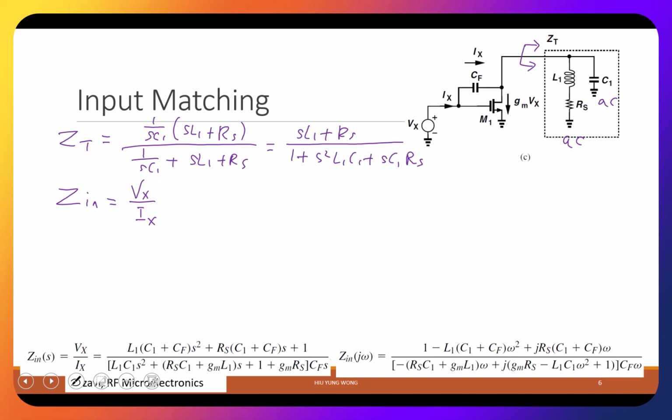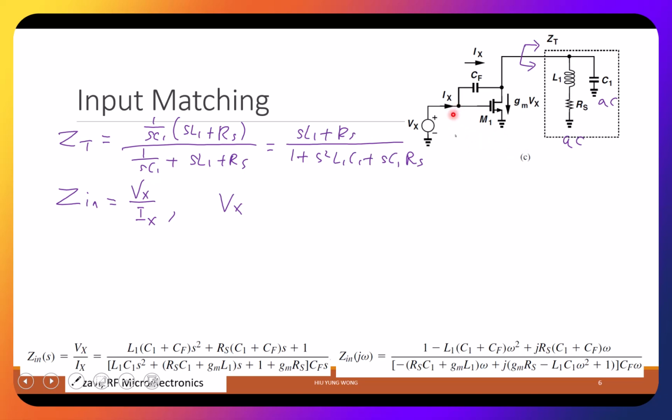Then you need to go through KCL, KVL. But one pretty easy way is to just follow what the textbooks say. Let's consider Vx. Use KCL. Vx is equal to what? VGS. Vx is just VGS. And what is VGS or Vx?